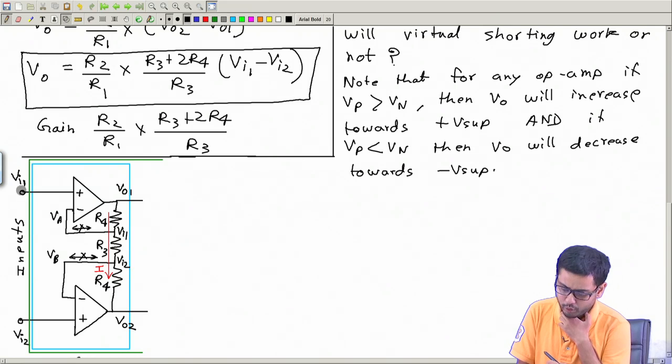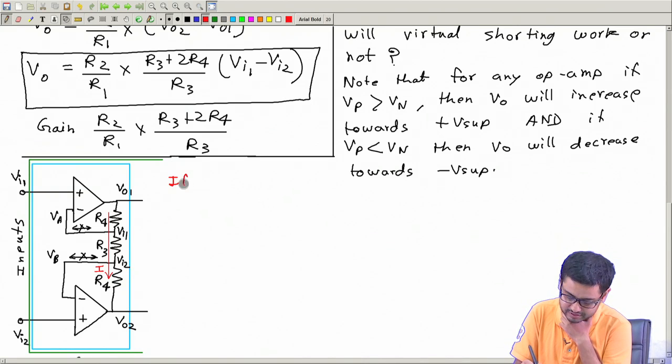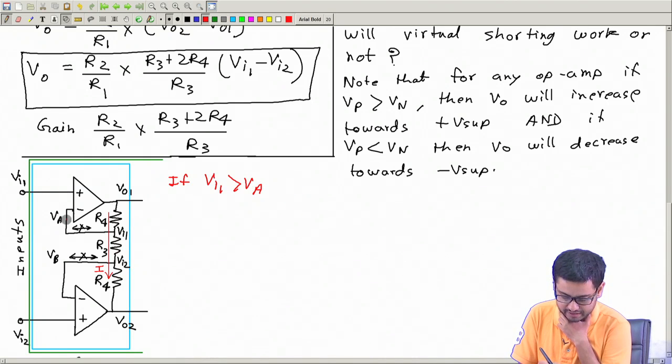If at any moment, say Vi1 is greater than Va, okay, then this is higher than this, then what will happen? Output Vo1 will increase.